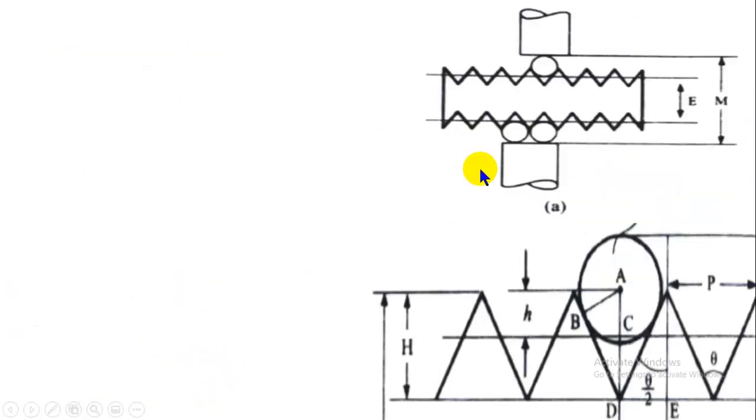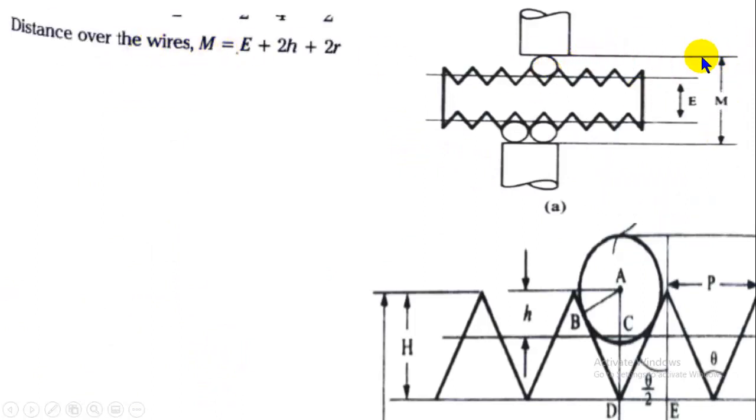And next, we will take the final distance over the wires. We can take the distance over the wire M equal to E, the effective diameter, that is the pitch diameter, plus 2h.